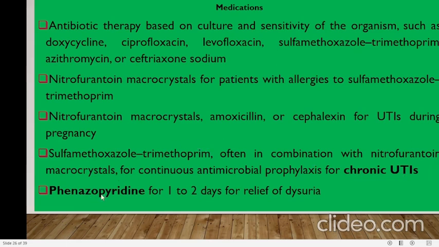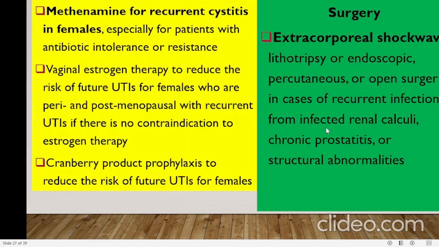We have phenazopyridine for 1 to 2 days for relief of dysuria, painful micturition. Methenamine for recurrent cystitis in females, especially for patients with antibiotic intolerance or resistance.